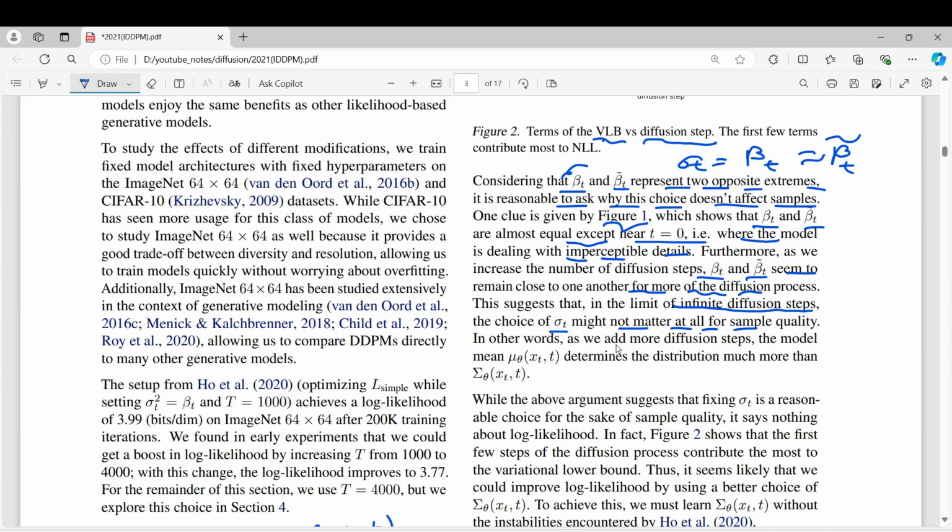In other words, as we add more diffusion steps, the model will focus on this quantity while determining the distribution much more than this quantity. So if you consider very large diffusion steps, we can just skip this term. If you do not learn this quantity and learn this, this is going to determine the distribution much more.